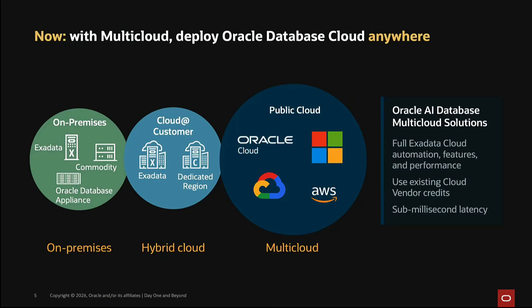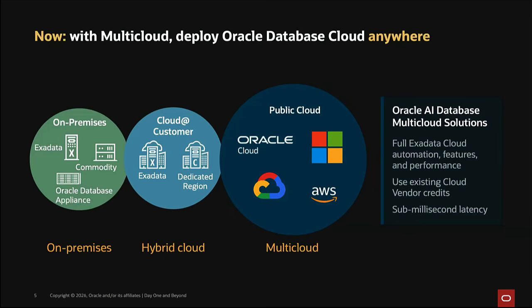And now with multi-cloud, you're able to experience the same full Exadata cloud automation, features and performance, whether you run them in Oracle OCI, Azure, AWS, or Google Cloud as well.